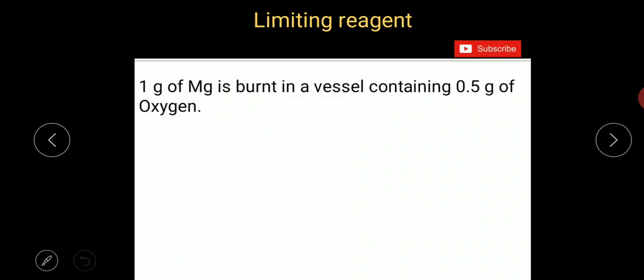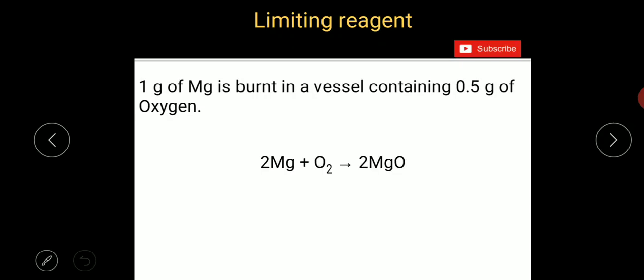And if you take one more example, 1 gram of magnesium is burnt in a vessel containing 0.5 grams of oxygen.